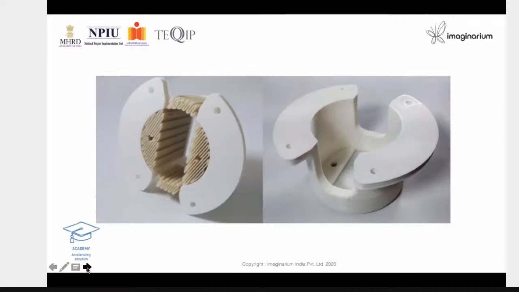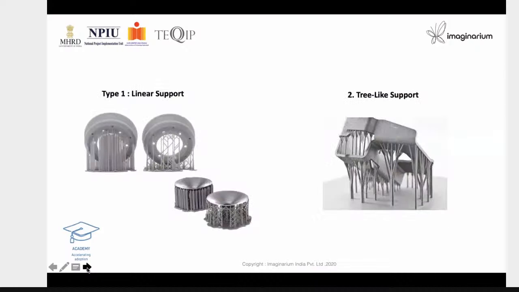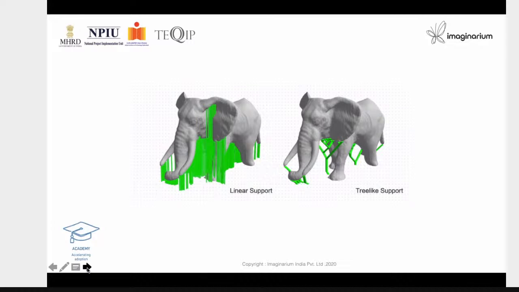I think there are some slides which have gone back and forth. I'm sorry about it. These are the two types of linear supports. We have one which goes like a scaffold directly. The other one is like a tree-like support. And the beauty of tree-like is that it is very minimal. Linear support, you can see, wastes a lot of material, and also takes more build time.